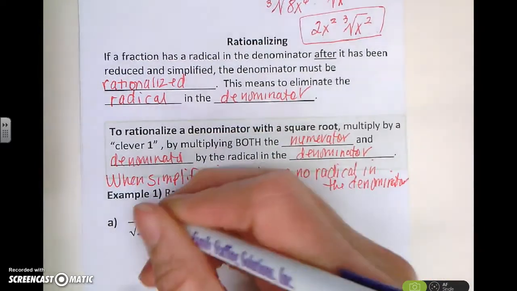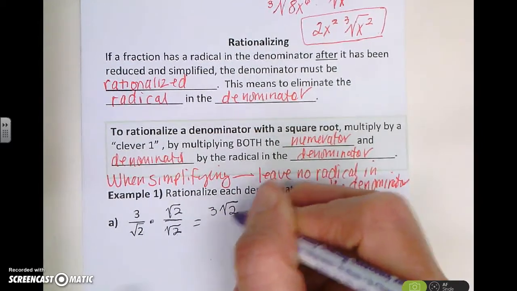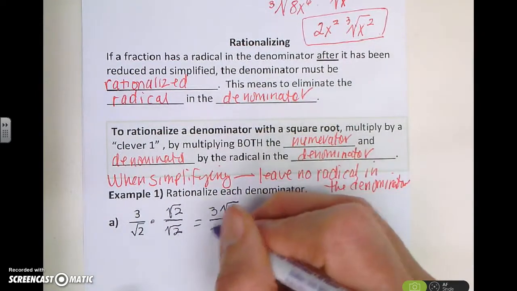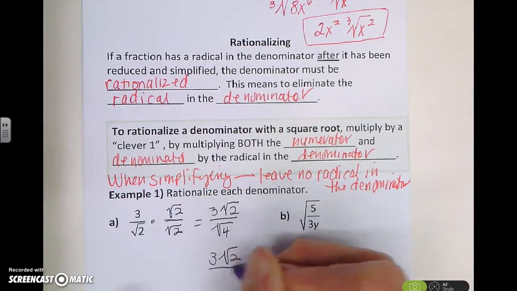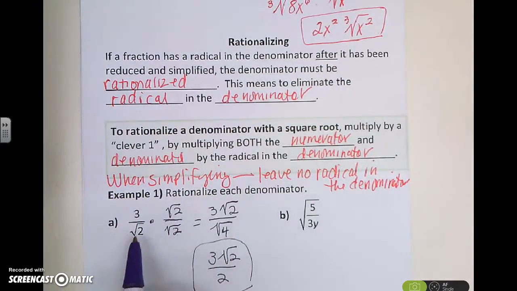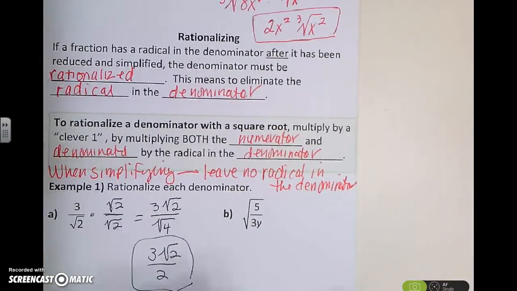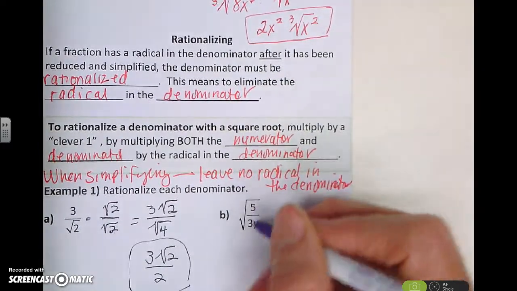So when I multiply, that's going to be 3 radical 2 divided by radical 2 times radical 2, which is radical 4, and the square root of 4 is 2. So we're going to use the fact that the square root of 2 times the square root of 2 is 2.